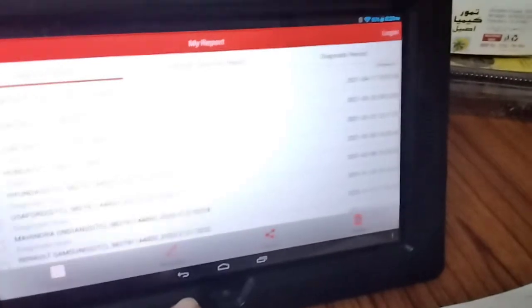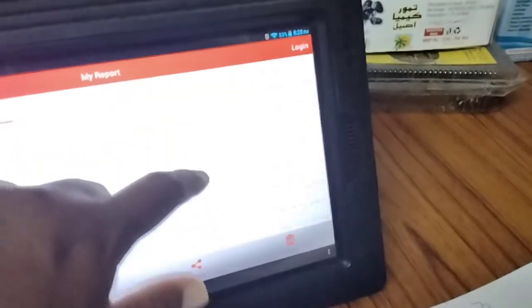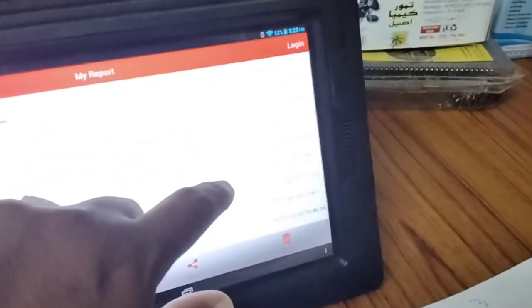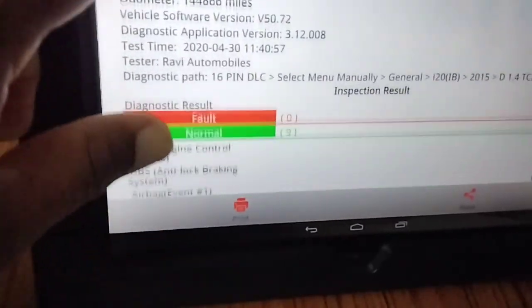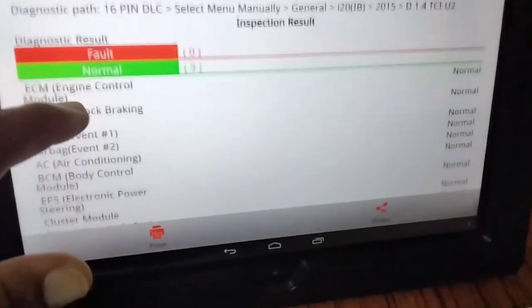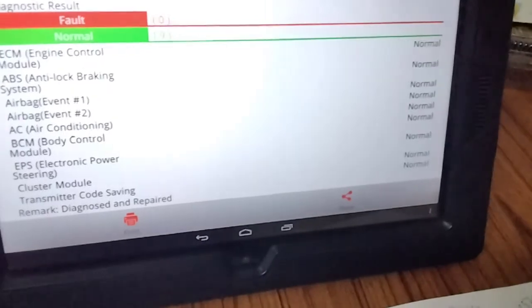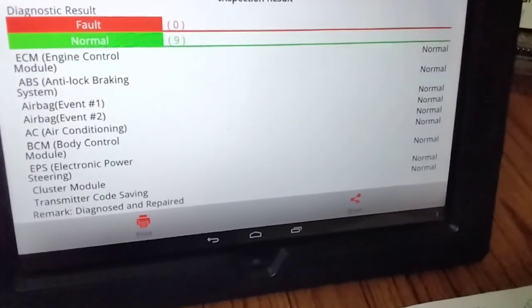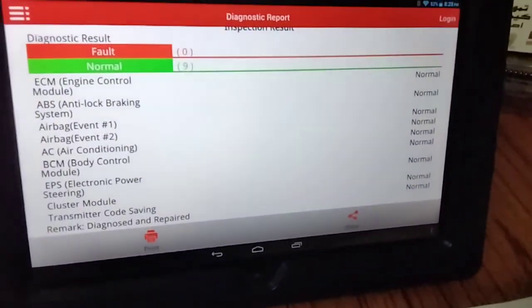So if I go back, for April 2020, I have the next shot, which is for the same vehicle, with fault code 0, and all the other modules equipped on the car are normal. So the problem was rectified, and he had his share of money and I had my share of money for helping him. Thank you.